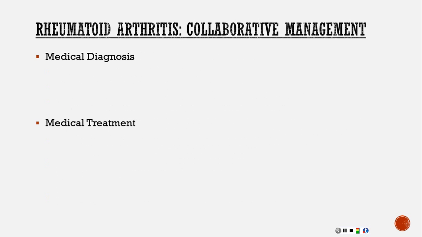All right, some of the collaborative management. Again, you need to know these or be familiar with these, but this is not going to be the focus of what you decide to do for this patient. Okay. Some of the things they'll order, labs, including a SED rate.